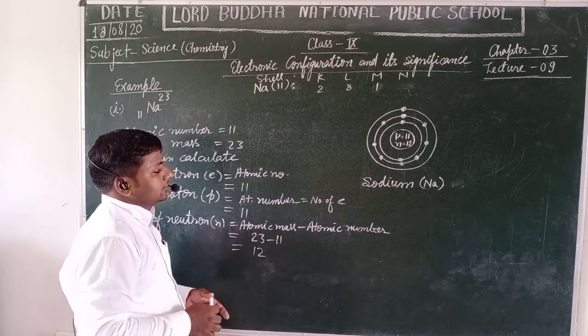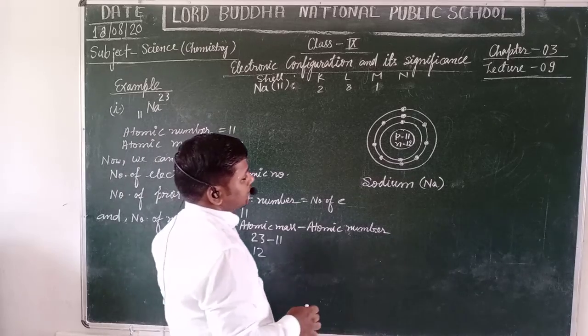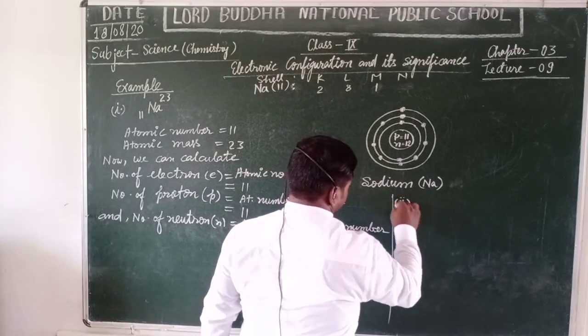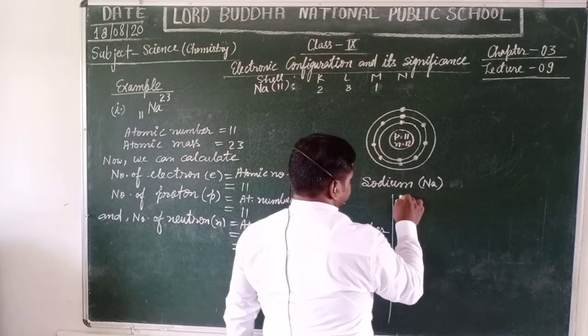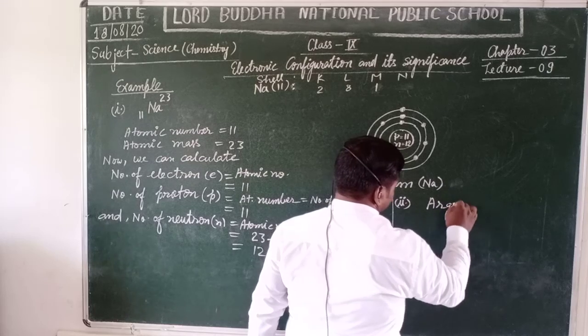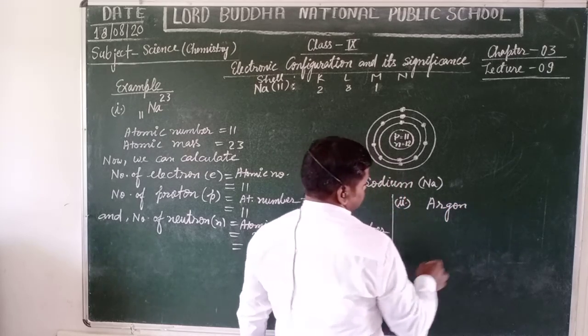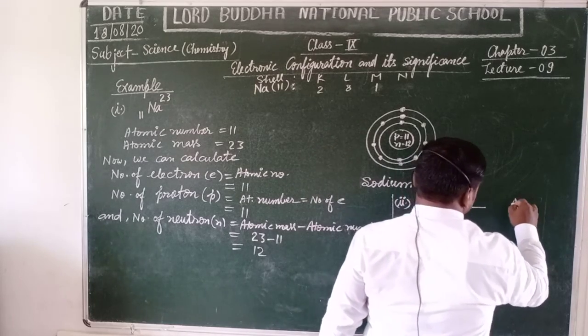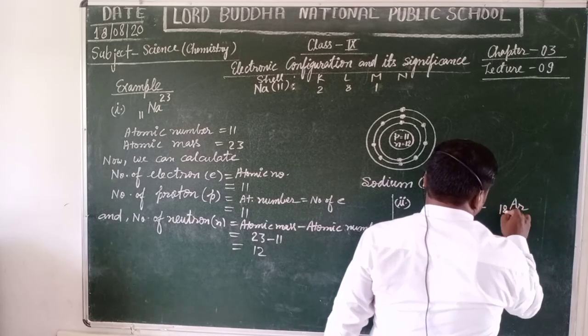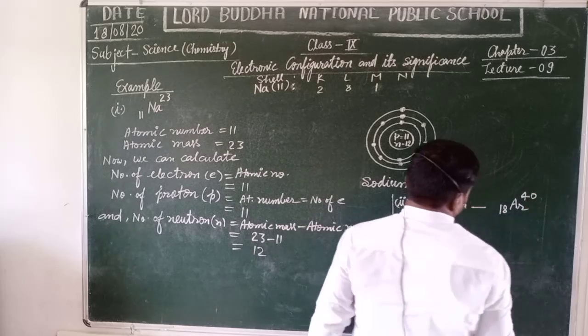Now we also take another example, example number 2. Here I take the element argon. Its symbol is Ar, atomic number is 18 and mass number is 40.